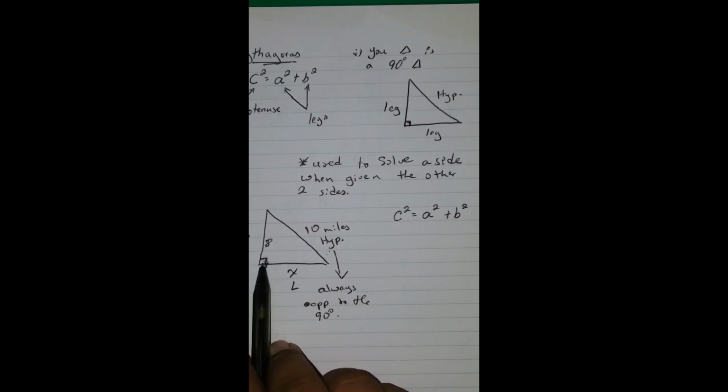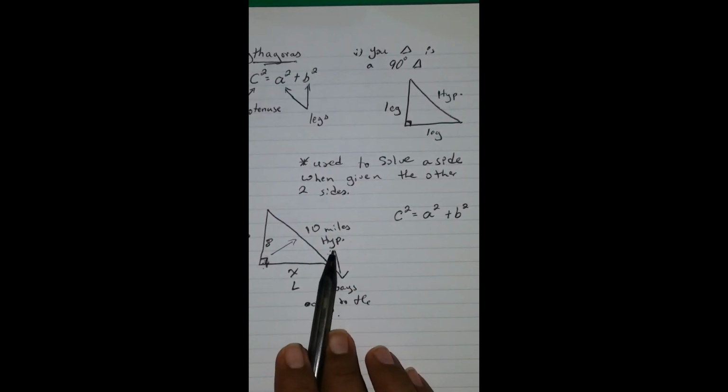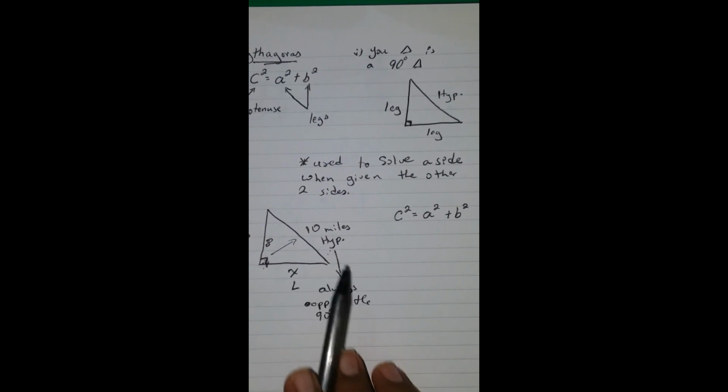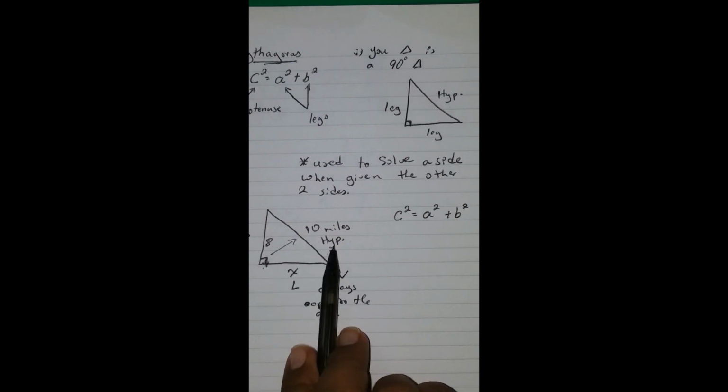In this case, identify it here by the little box that's given, and then opposite to it is going to be my hypotenuse, right? That is if you guys are not able to identify it by the diagram, because some diagrams are not drawn to scale, and then you might think that the hypotenuse is another one. But just quickly identify where the 90 degrees is and then opposite to it is going to be your hypotenuse.